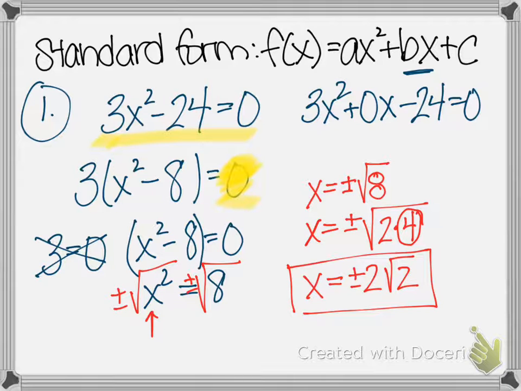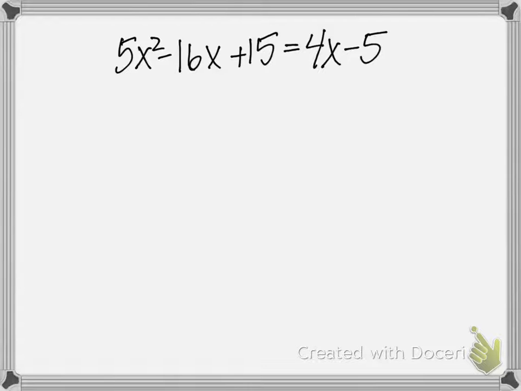Now let's go through a more normal looking quadratic equation. So let's start off with this one. We want to get it in standard form, which means moving everything onto the same side.